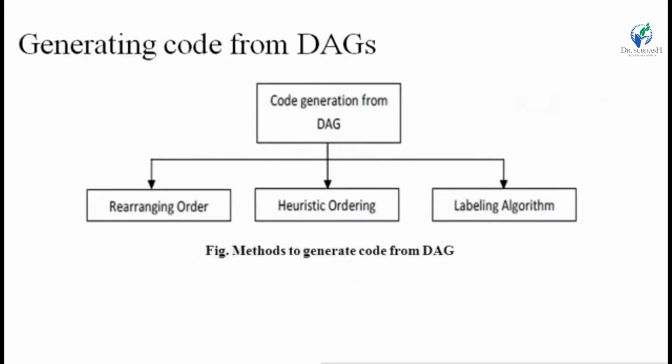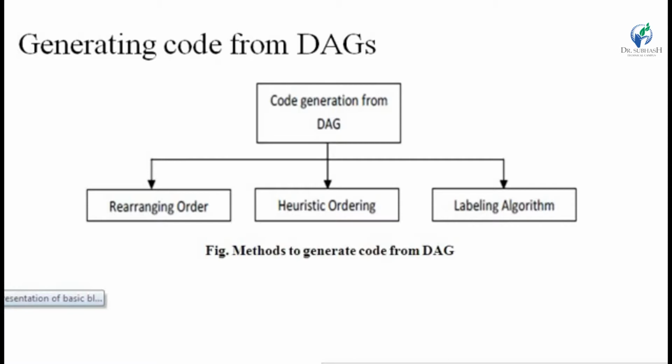Next is generating code from DAG. There are 3 different methods for generating code from a directed acyclic graph. First one is rearranging order, second one is heuristic ordering, and third one is the labeling algorithm.